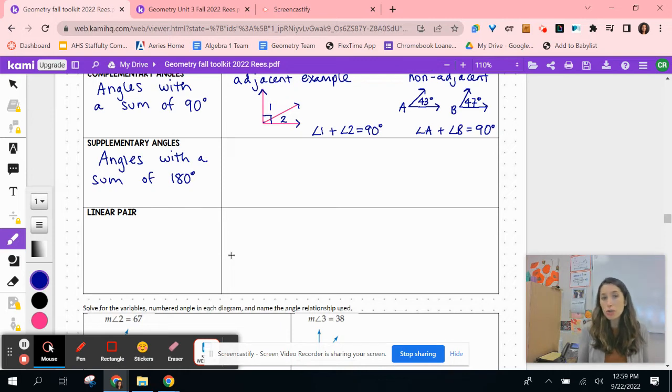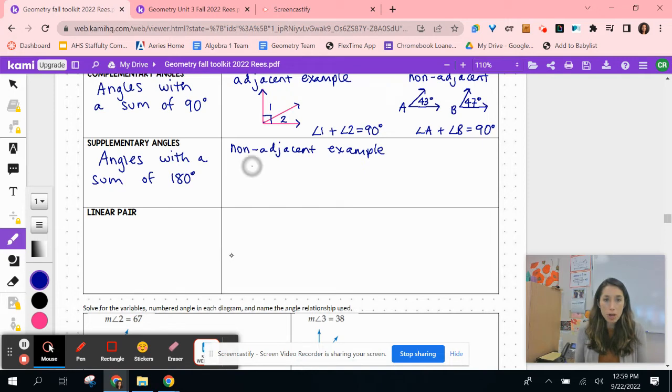Here, I'm just going to show you the non-adjacent example, and then below that, I'm going to show you an example of what it looks like when they are adjacent. Okay, so angles that add up to 180.